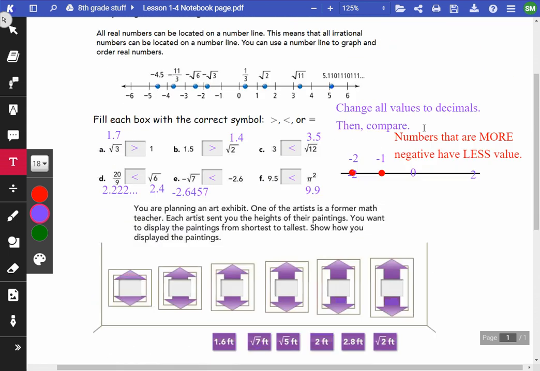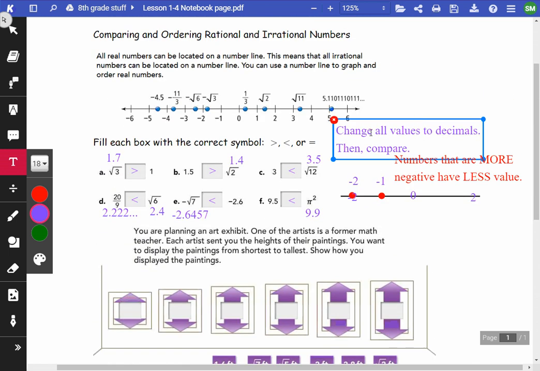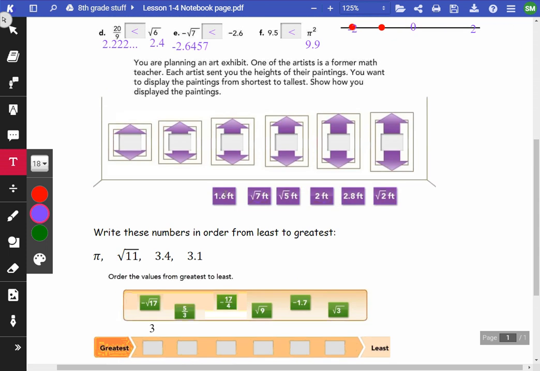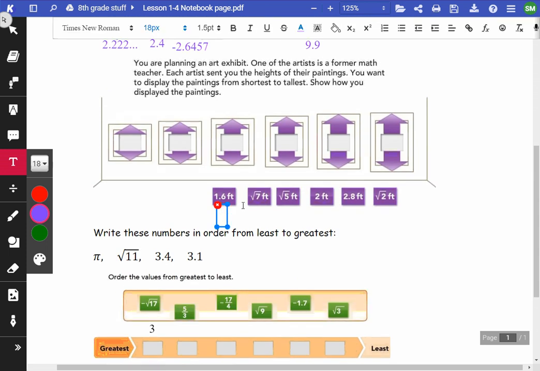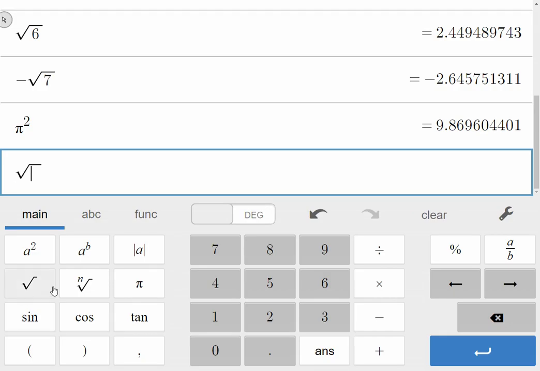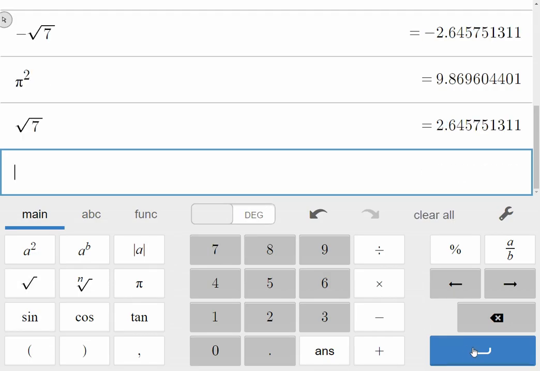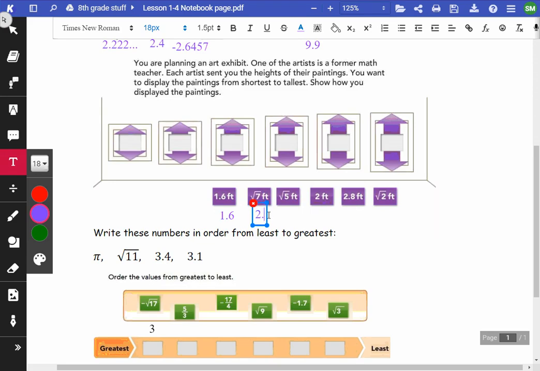So what's the first thing we want to do? Change all the values to decimals. So I'm going to put a text box for every one of these. 1.6, and I'll show you why in a second. Square root of 7, I'm putting in the calculator. And I get 2.6. We should have known that from the last one.